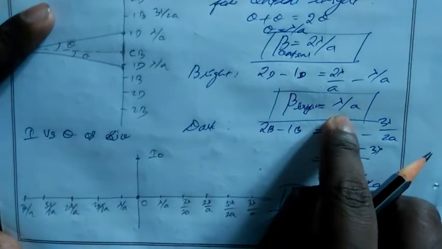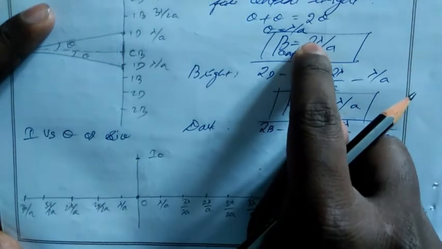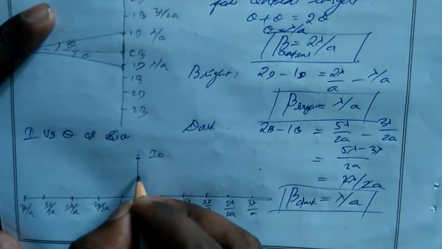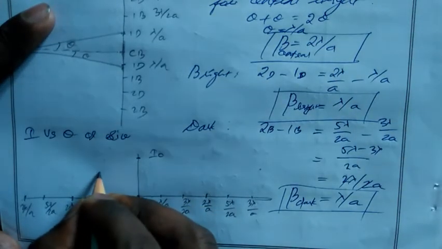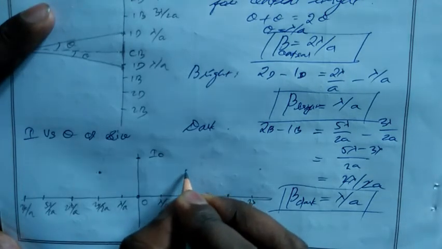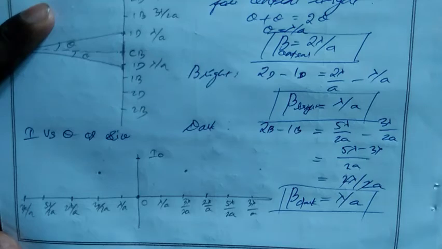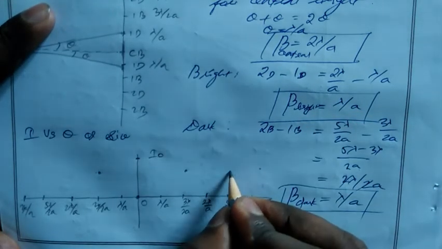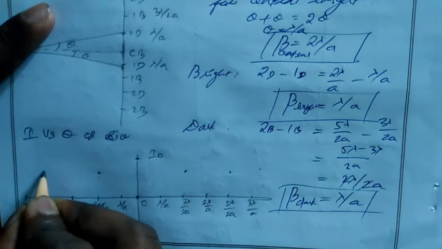Here it is lambda by 2, but there 2 lambda by 2. So this is half of that value. Then second bright, third bright, fourth bright: all the brights have the same width.